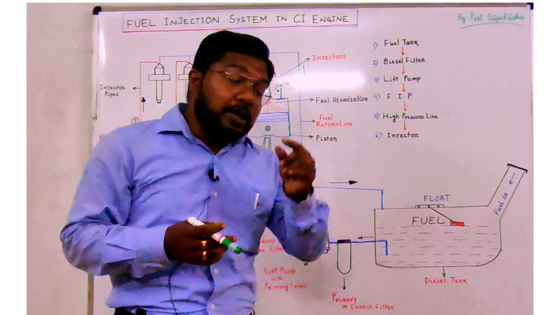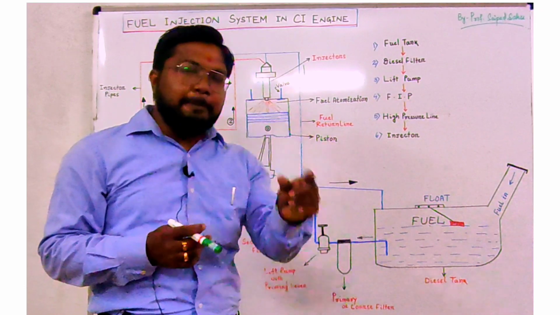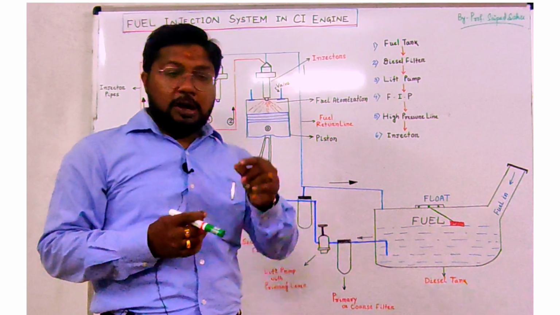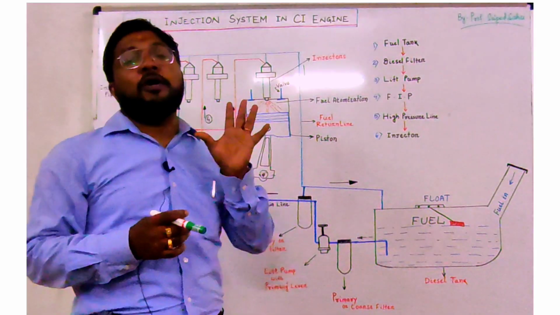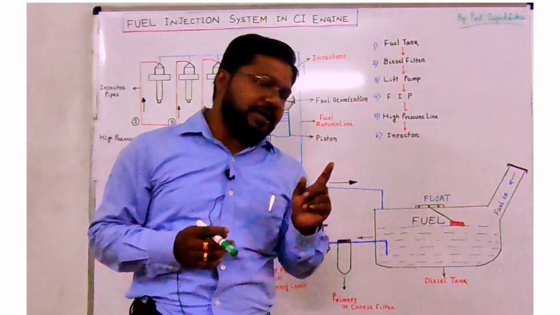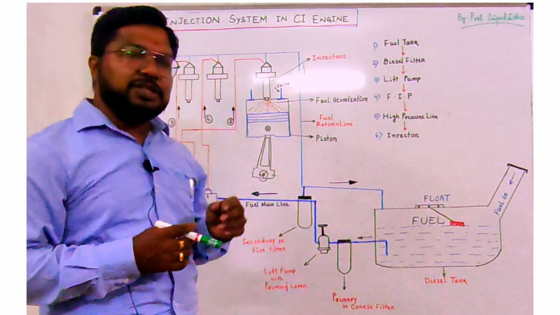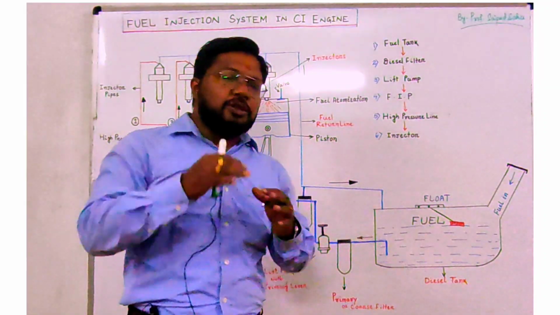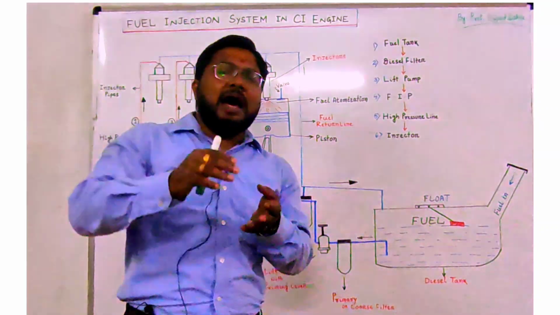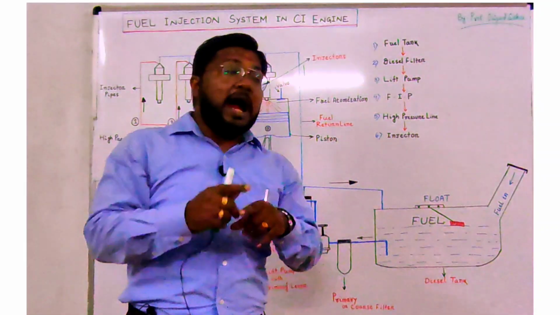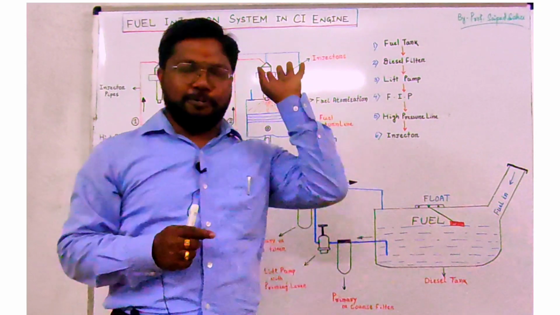How is it possible? Due to the higher temperature of this air due to compression, it is able to burn the diesel fuel. That's why it is understood that in a diesel engine the compression ratio should definitely be more, so that the air temperature will be higher and it can burn the diesel fuel.